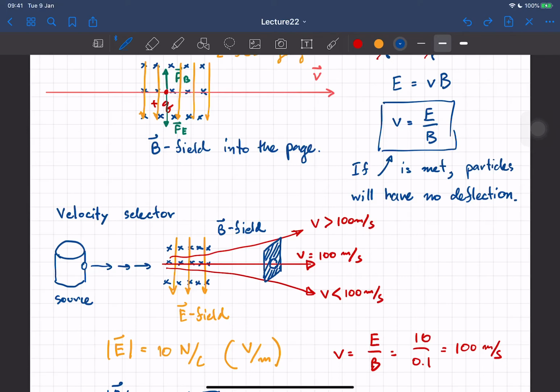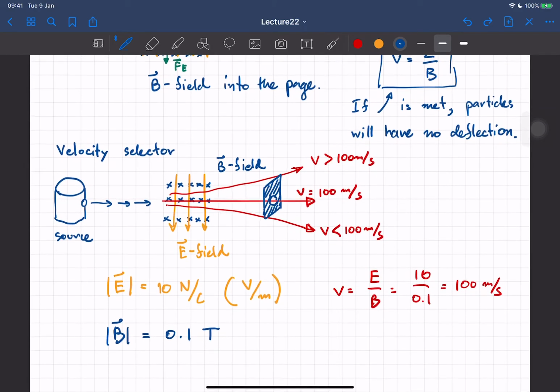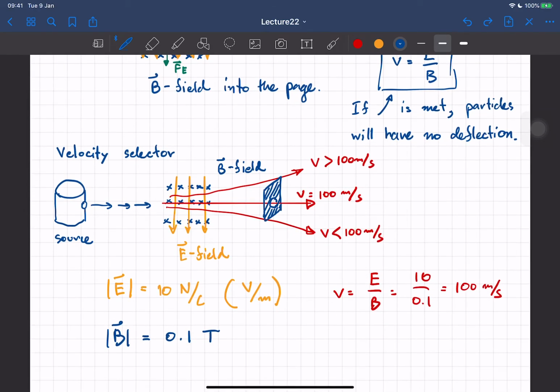So this is a velocity selector, and if you want to repeat the experiment with a different velocity, you just change one of the fields here, and you will have a different velocity. So it's actually a very convenient way of making sure that you have the velocity that you want.